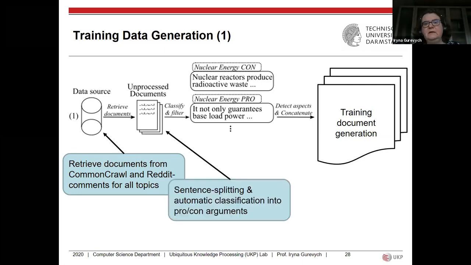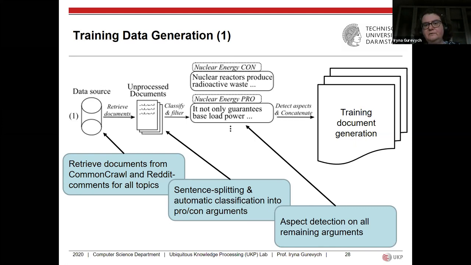We apply automatic sentence splitting on all documents retrieved from the sources, and we classify the sentences into no argument, pro argument, and con argument. And since we are not interested in non-arguments, we just remove them from the data. And finally, we use our aspect detection model, which I've presented before, to identify all aspects of the remaining arguments automatically.